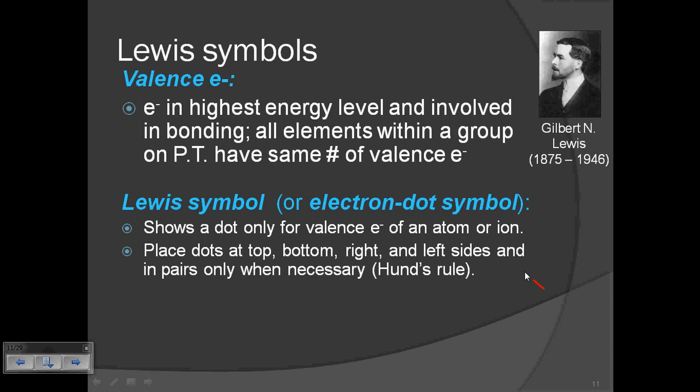For example, with X, you put 1 electron on each side, and then you start doubling the electrons. So if you have X as your element, you place 1 electron on each side, and then you start pairing them to complete the octet. No atom will have more than 8 valence electrons.